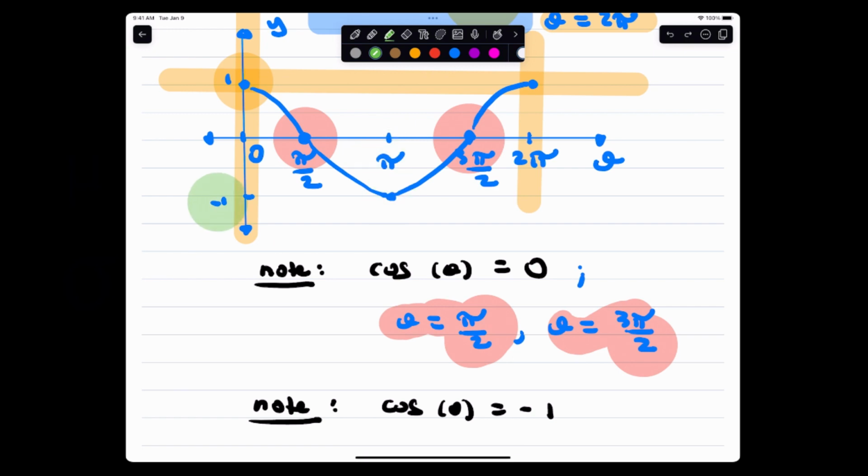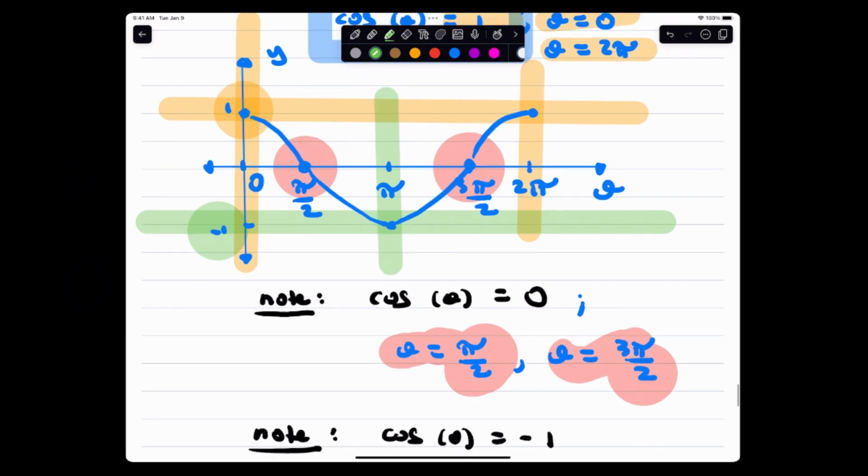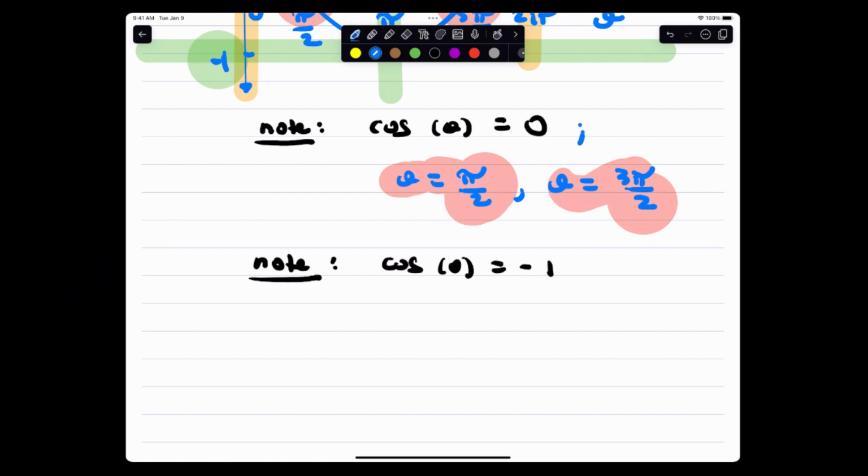So if I said to you, cosine theta is -1 for what value of theta? It's pi, isn't that right? Because this is where -1 is. So, ladies and gentlemen, theta here is going to be what? Pi now.